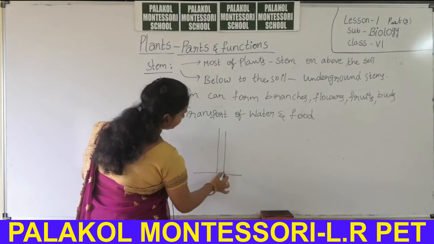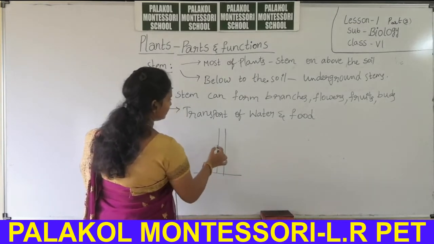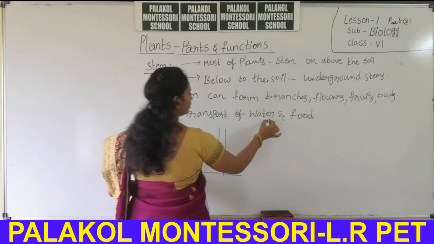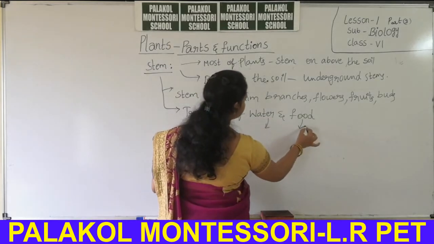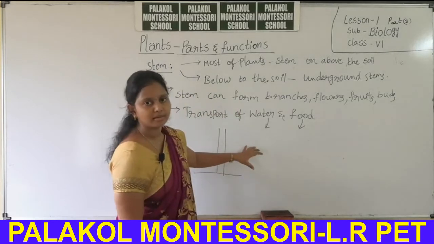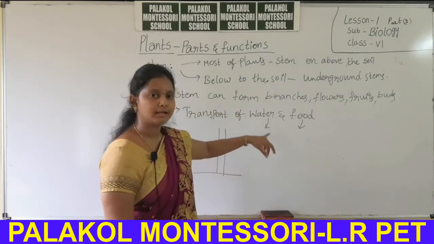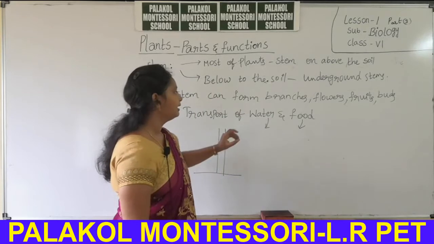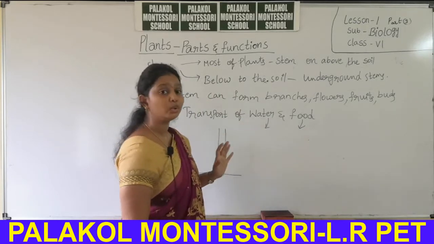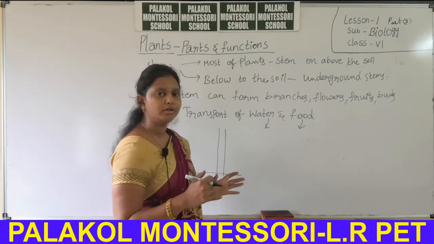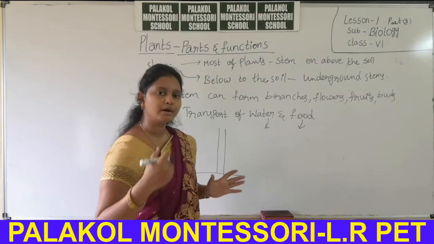This is the soil. Inside the stem, there are two tissues present. Tissue is nothing but a group of cells. There are some tissues present to transport water and food from one place to another.